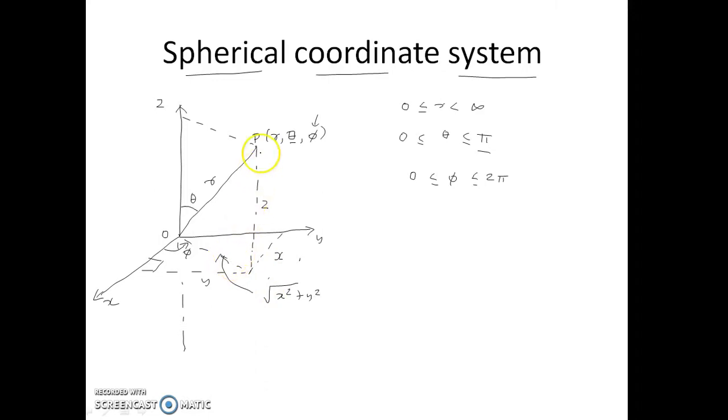So this is root of x square plus y square, and this is z. Therefore, r is given by root of x square plus y square plus z square.